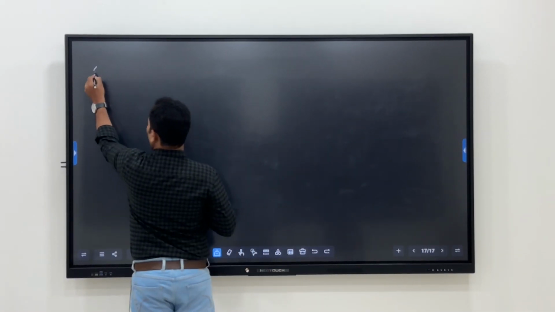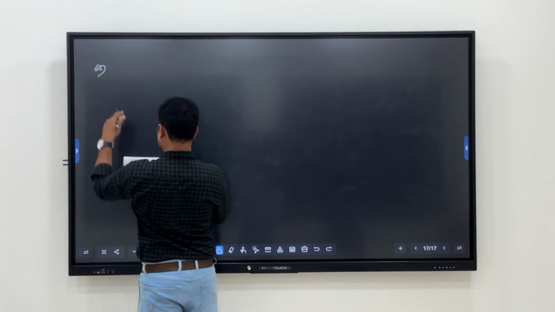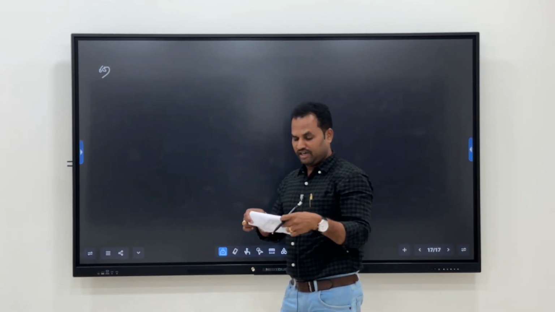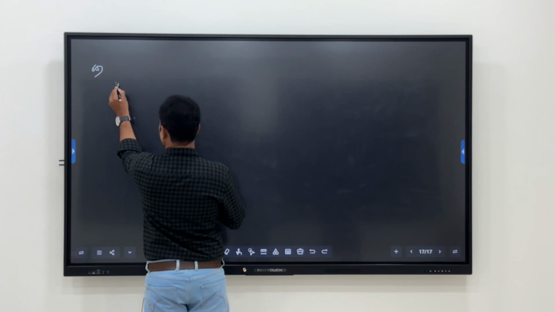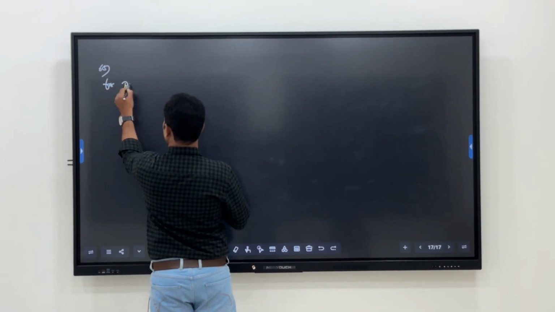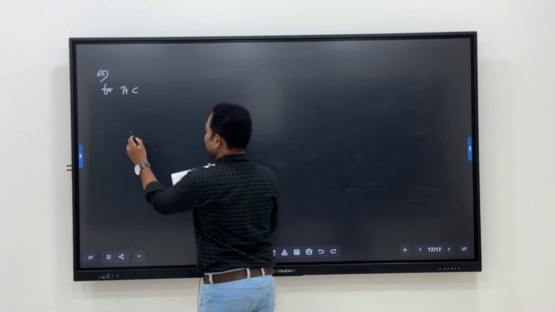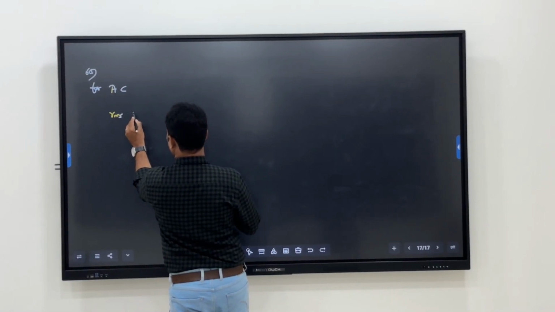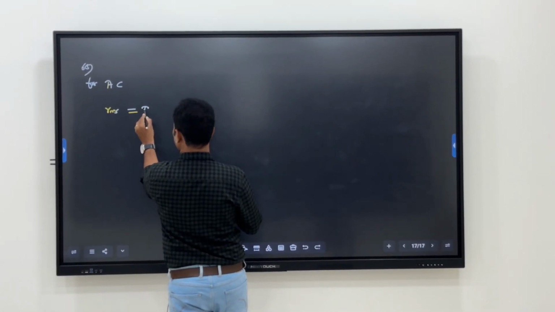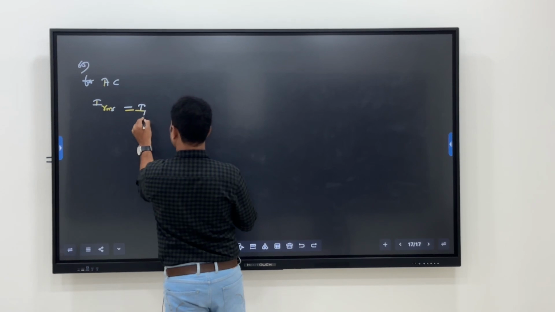Now, for an alternating current, the RMS value may be equal to the peak value: I RMS is equal to I peak.